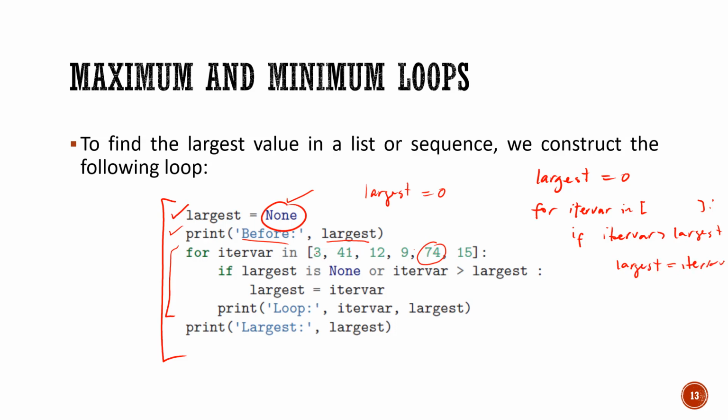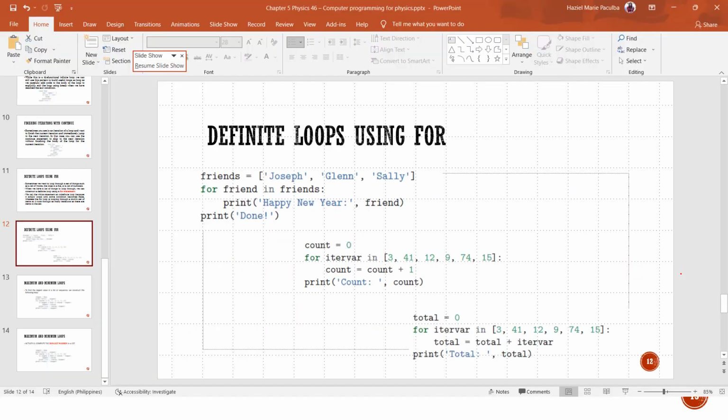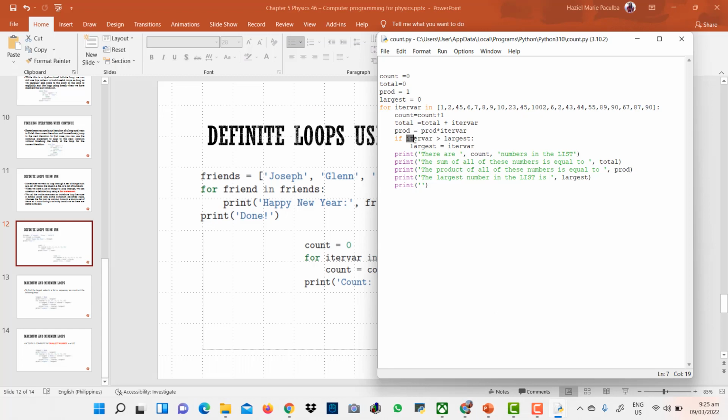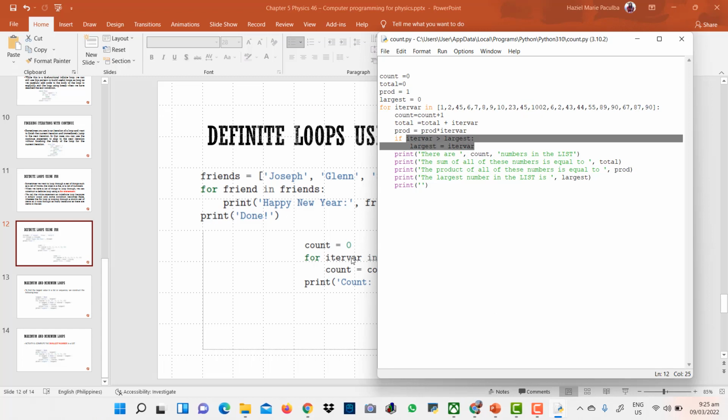So that is like our previous code: if iter var is greater than the largest, then largest is equal to iter var.